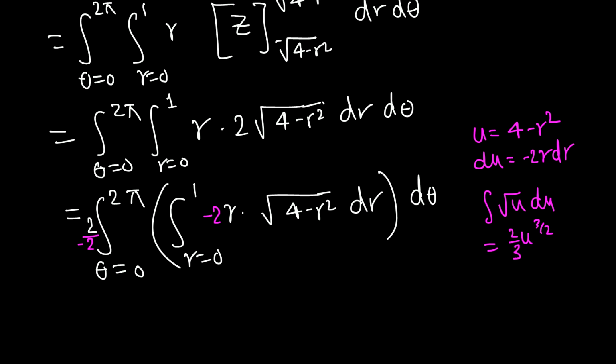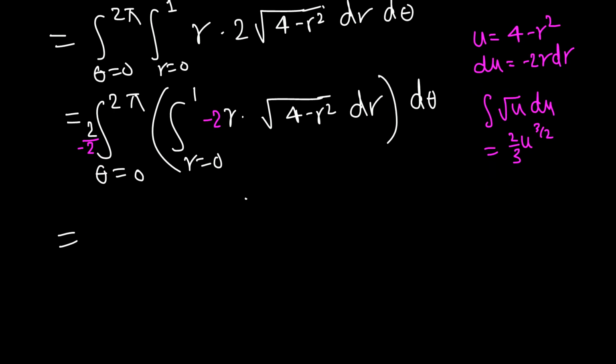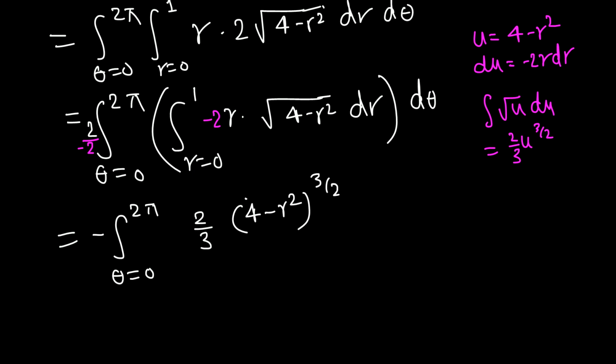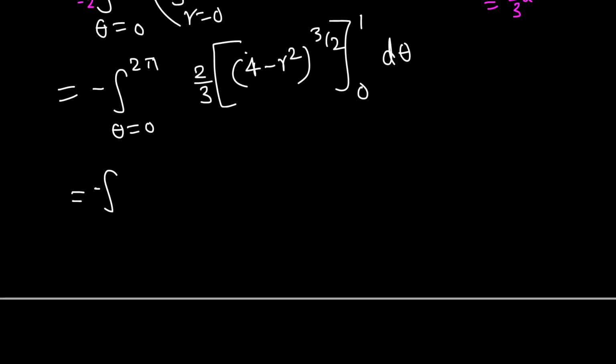I'm going to write this down in the next step. This cancels, it's negative, theta from 0 to 2 pi. The antiderivative using this gives 2/3 times 4 minus r squared raised to 3/2, evaluated from 0 to 1, with d theta. Here is negative 1 over theta from 0 to 2 pi, 2/3.